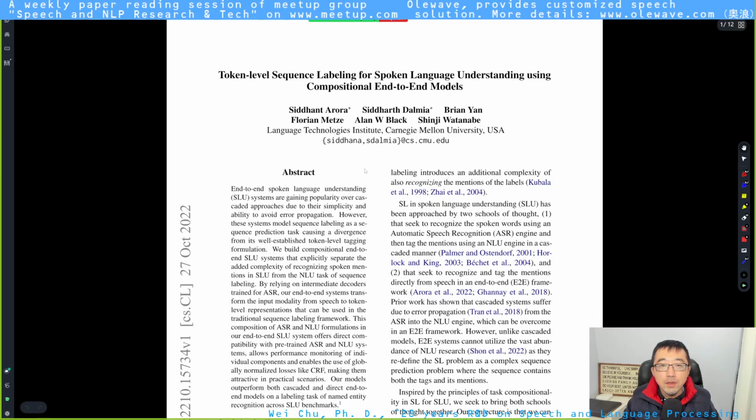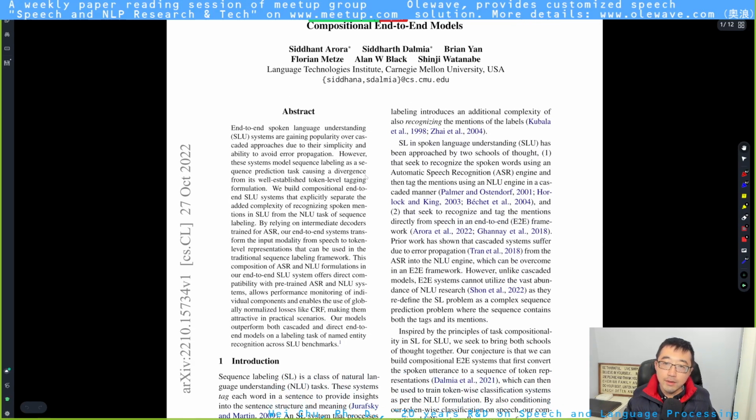The authors first address that nowadays SLU systems are gaining popularity, and usually it could be a cascaded approach, which means you first run ASR on the input speech, then you get transcripts, and then you feed them into the subsequent natural language understanding or processing modules.